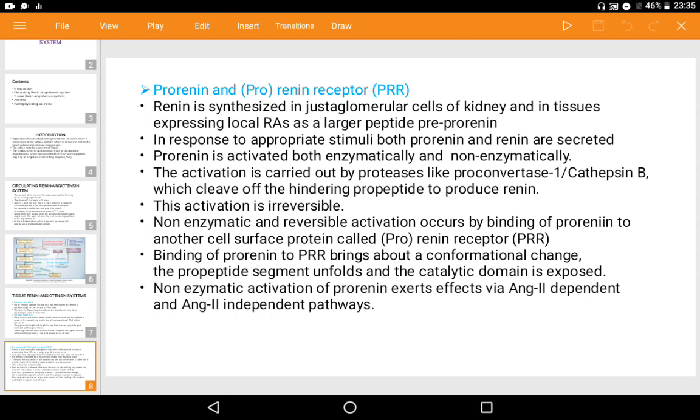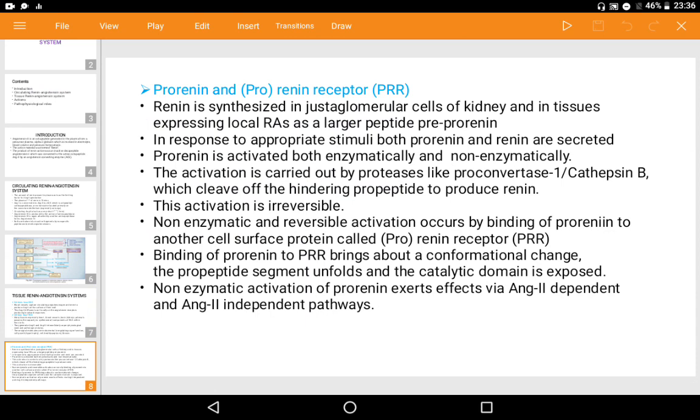Prorenin is activated both enzymatically and non-enzymatically. The activation is carried out by proteases like proconvertase 1 and cathepsin B, which cleave off the hindering propeptide to produce renin. This activation is irreversible. Non-enzymatic and reversible activation occurs by binding of prorenin to another cell surface protein called prorenin receptor.